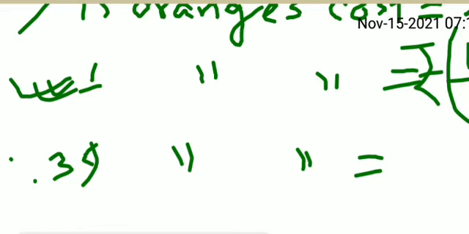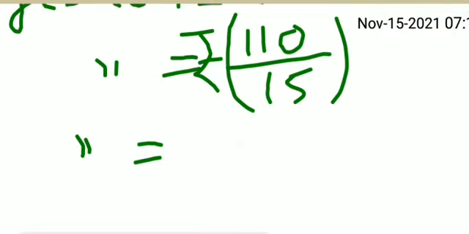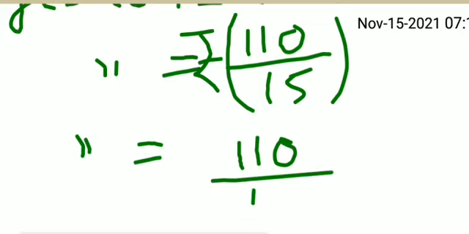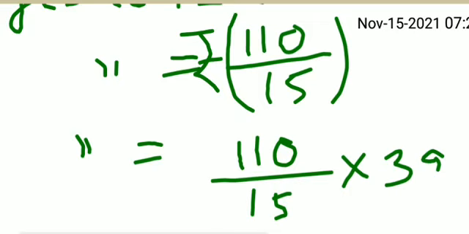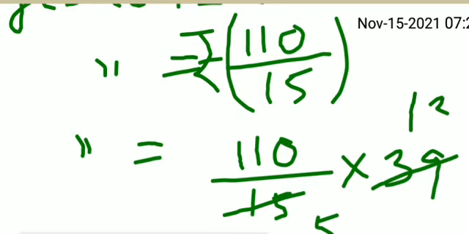So 39 is much bigger than 1. So for more oranges the cost will also be more. So here it will be multiplication. So that means 110 by 15, then multiply by 39. Okay. Simplify. So 3 5s are 15, and here 3 13s are 39.